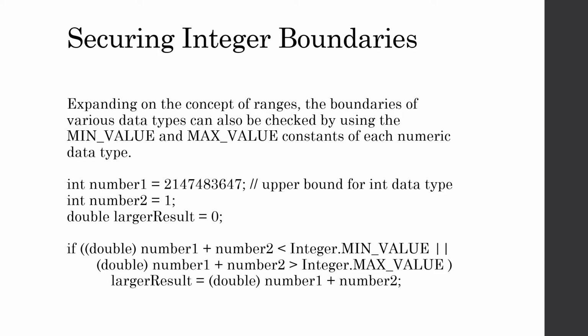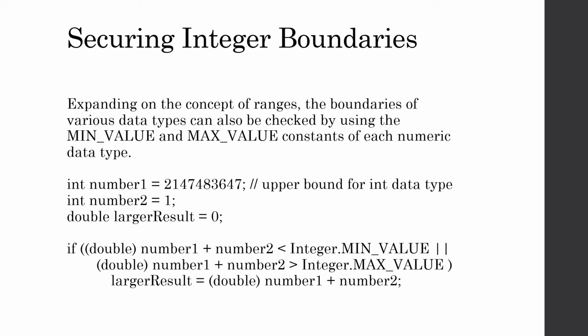When I add these together, the result will also be treated as a double. Because I'm going to treat the result as a double, I no longer have to worry about that integer overflow, because 2.1 billion very easily fits inside the range for a double, which is closer to about 10 to the 308th.